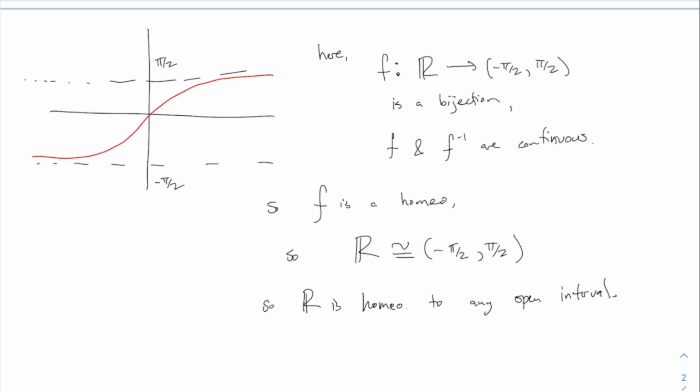All right. A little strange in my opinion, just because R, to me, really does look kind of different from a bounded open interval because R is unbounded. But from a topological point of view, they are the same. Because basically, what's important about the open interval is that it doesn't have boundary points.